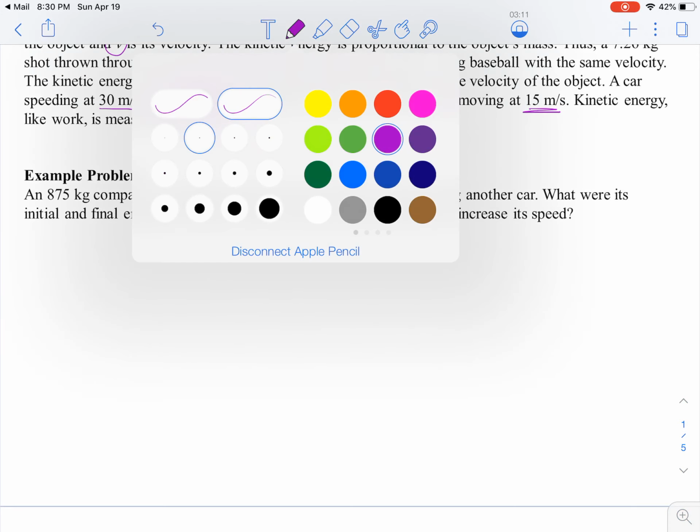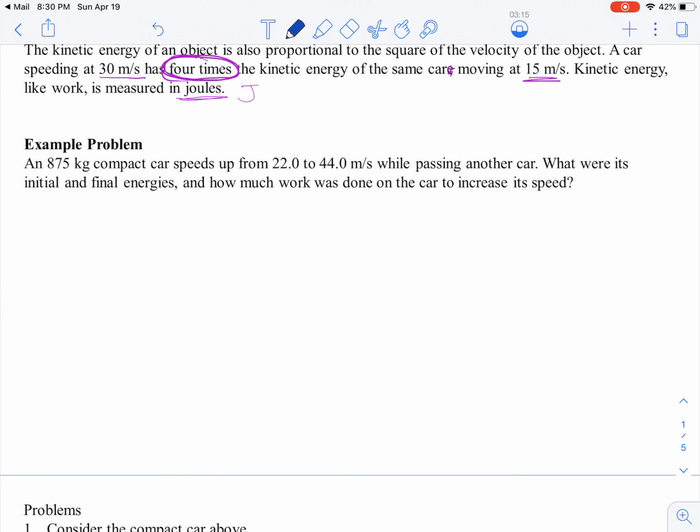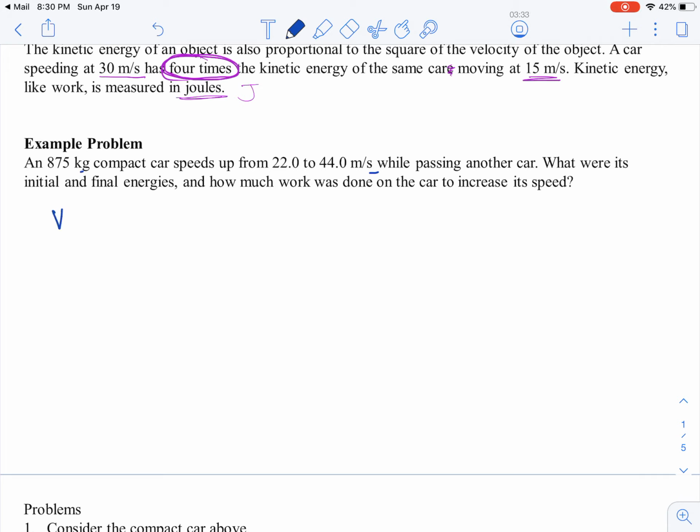Here is an example problem to help you get started when you work your problems. An 875 kilogram compact car speeds up from 22 to 44 meters per second while passing another car. What were its initial and final energies, and how much work was done on the car to increase its speed? So we have 2 velocities.